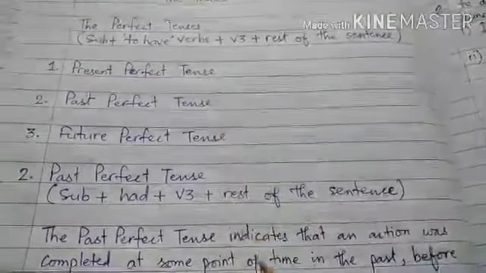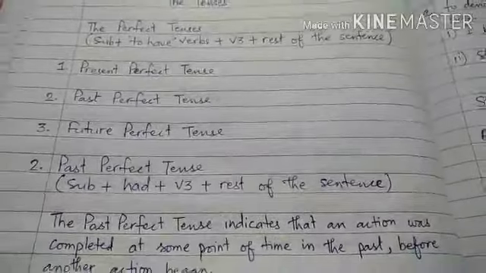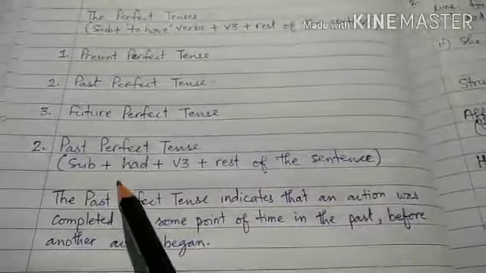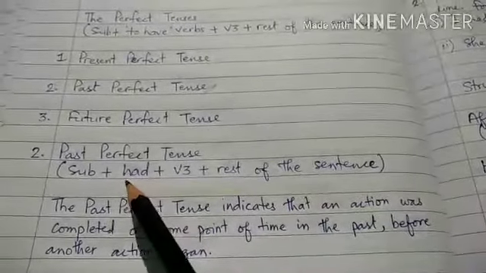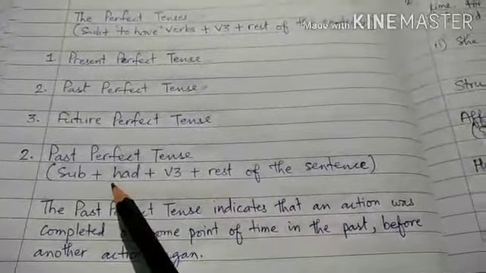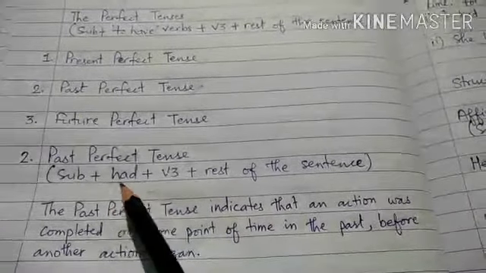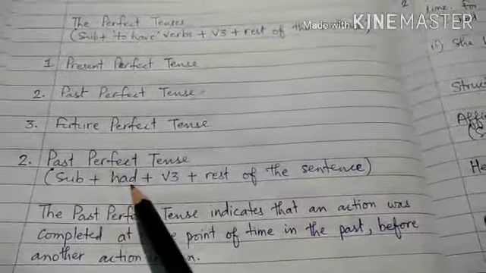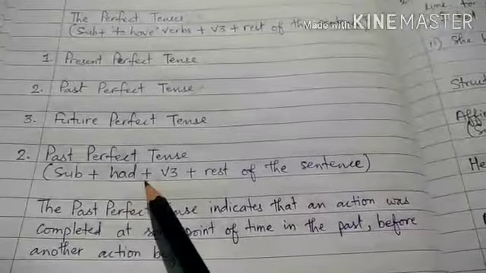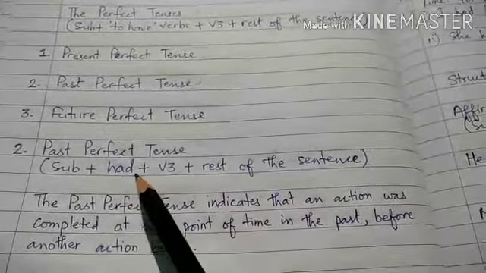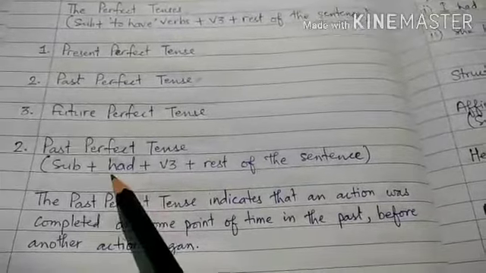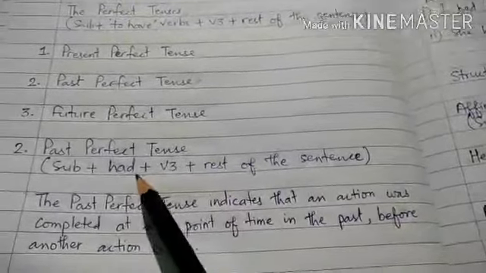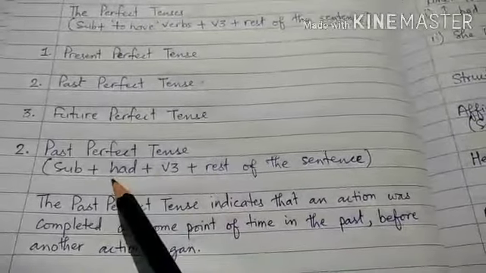But before that we have to understand what verb forms are used in the past perfect tense, and what the structure of sentences is in affirmative, negative and interrogative forms.